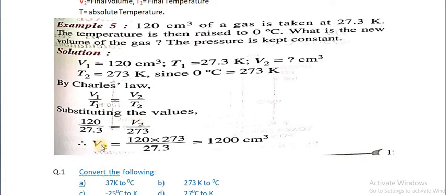So V2 becomes 120 into 273 by 273. When you simplify it, you'll find the answer as 120 centimeter cube. This is the final volume of the gas. Got it? In this way, you can solve numericals based on Charles' law.